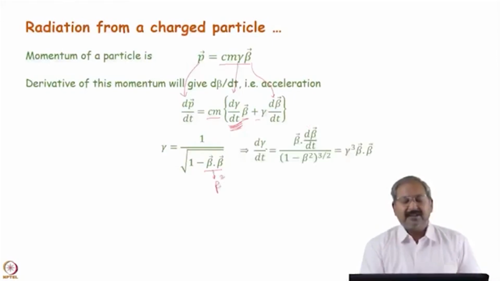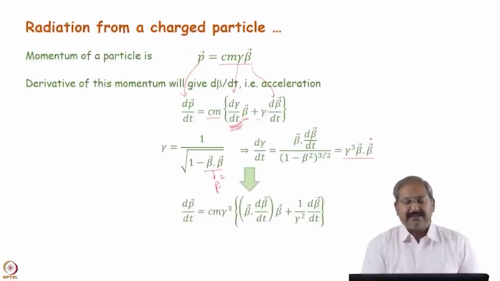So if we differentiate gamma, we will get d gamma by dt as beta dot d beta by dt, that is, velocity dot product with acceleration, over 1 minus beta square raised to the power 3 by 2. And this denominator is actually gamma cube. So this d gamma by dt becomes gamma cube beta dot beta dot. This beta dot is d beta by dt.